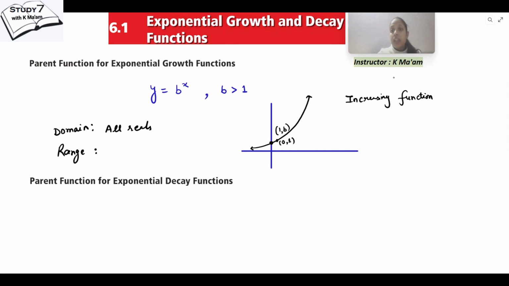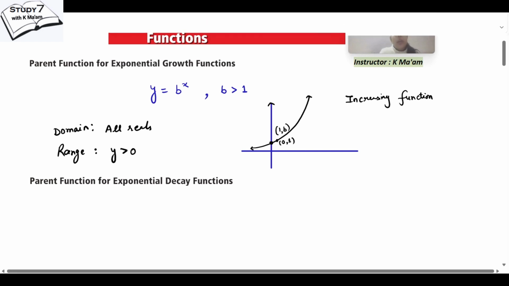What is an asymptote? An asymptote is a line the curve is approaching but not intersecting. So the range is all the y values greater than 0, not equal to 0, not less than 0, whatever you substitute for x. So y strictly greater than 0 is the range.